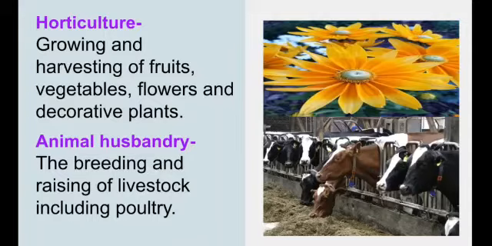Horticulture means to cultivate ornamental plants, vegetables and fruits. Animal husbandry, the breeding and raising of livestock including poultry farms. So these all are the branches which come under agriculture.